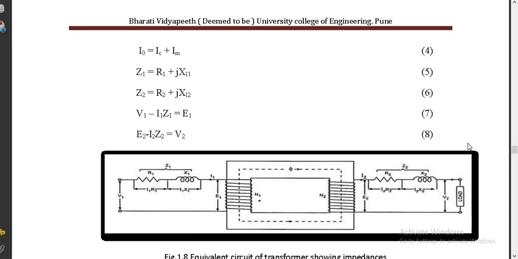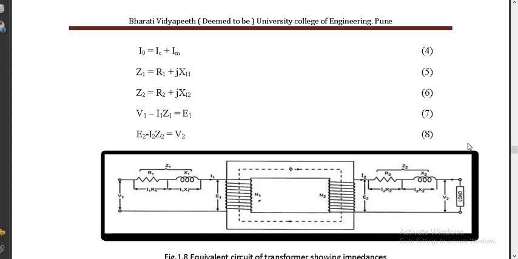Terminal voltage is a concept used for load terminals. Whatever voltage is available at the load terminals is called the terminal voltage. So when we were not considering any losses, it was V1 is equal to E1 and E2 is equal to V2.